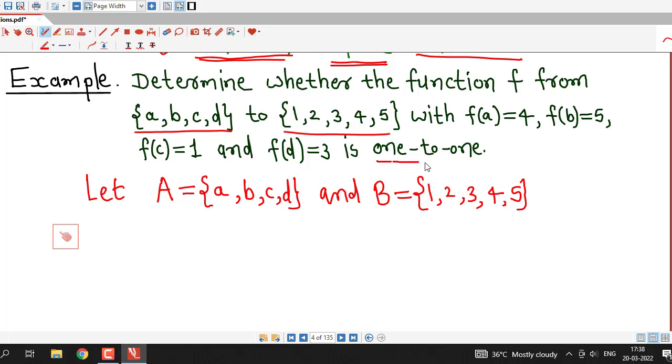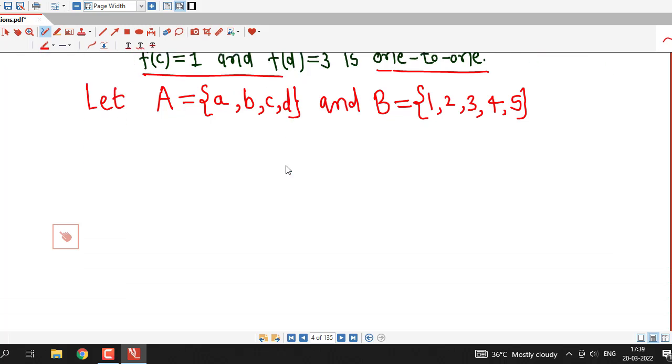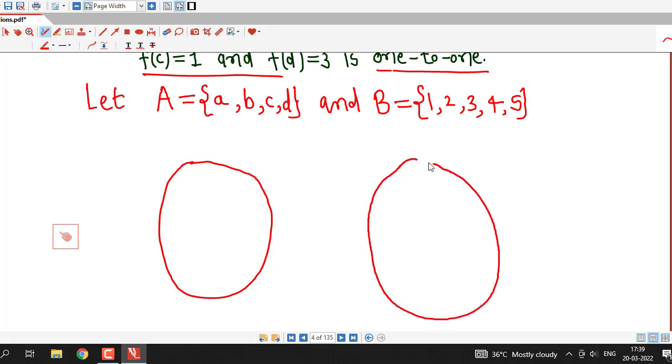We have to check whether this function from A to B is one-to-one or not. The best way is to consider Venn diagrams for sets A and B, and observe whether distinct elements have distinct images or not.